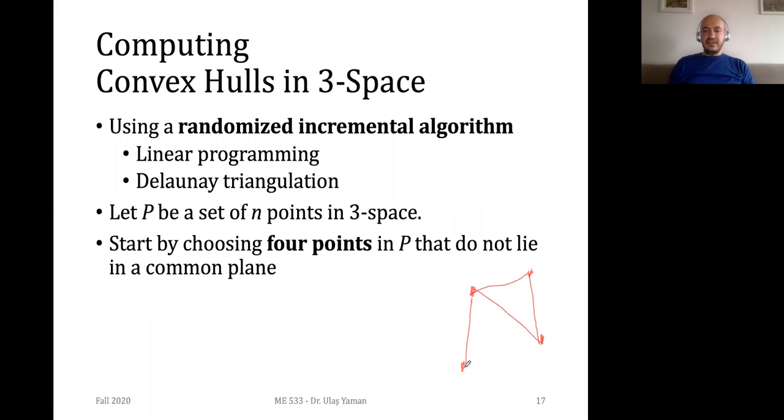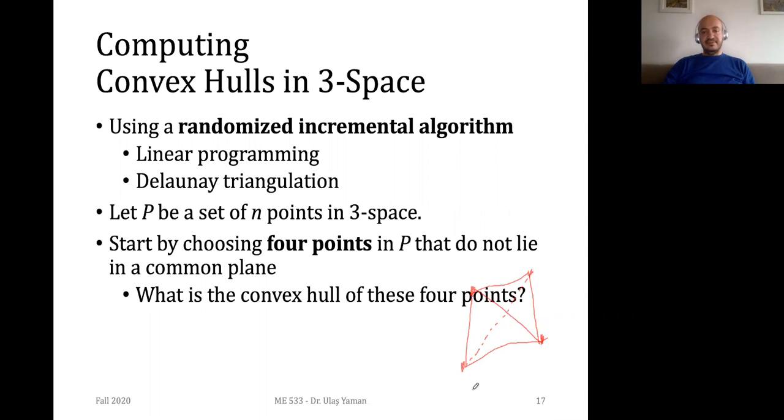Right now it's 2D, but we need to have connections at the backside. So now you can assume that there's a tetrahedron, and I can say that by having 4 points in space in general position, we can have a tetrahedron. And obviously that tetrahedron will be the convex hull.